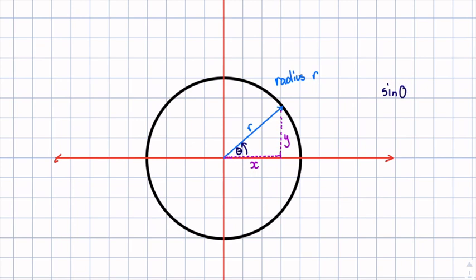Sine of that angle, opposite over hypotenuse, is y over r. Cos of the angle, adjacent over hypotenuse, is x over r. And tan of that angle, opposite over adjacent, is y over x.